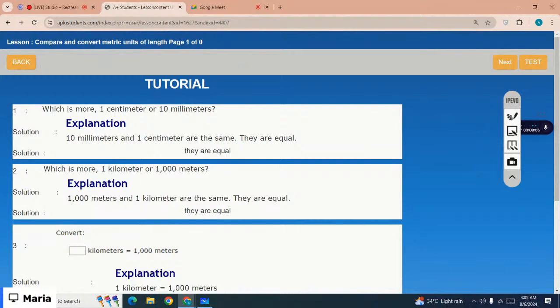Which is more, 1 centimeter or 10 millimeters? So which is the correct option? 1 centimeter equals 10 millimeters, right? They are exactly equal.